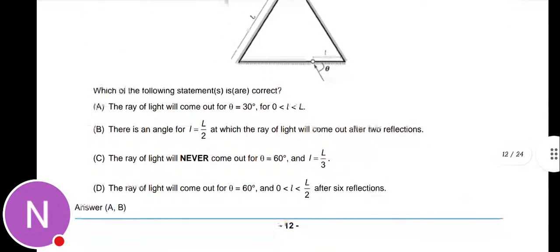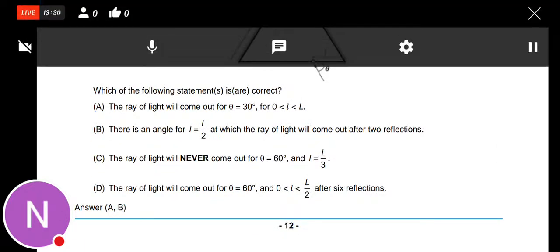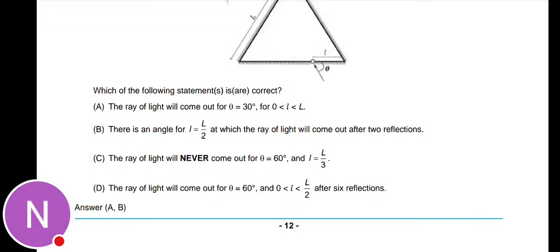The statements given are: the ray of light will come out for theta equal to 30 degree, for l greater than 0 and less than L. There is an angle for l equal to L by 2 at which the ray of light will come out after 2 reflections.